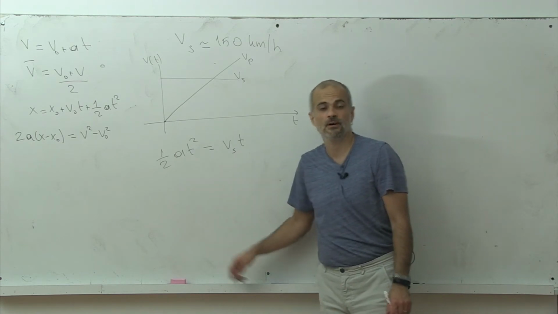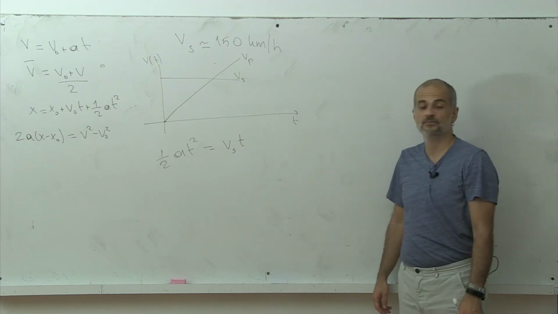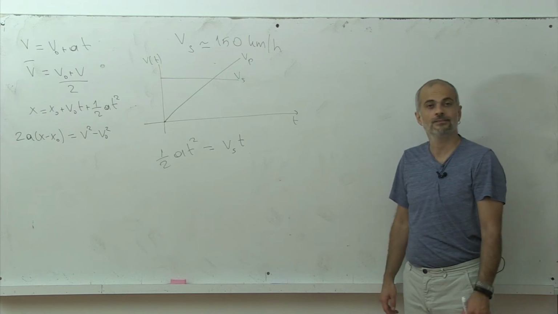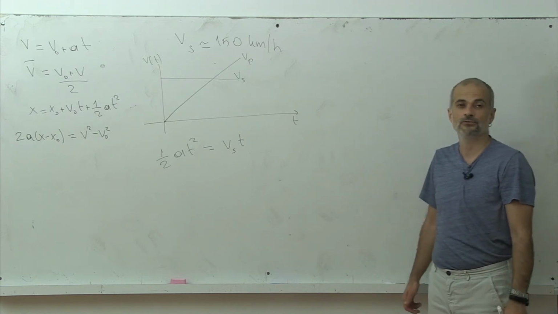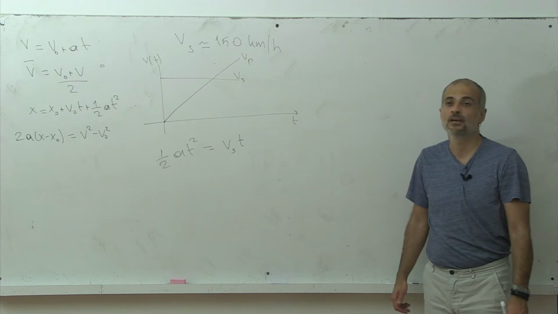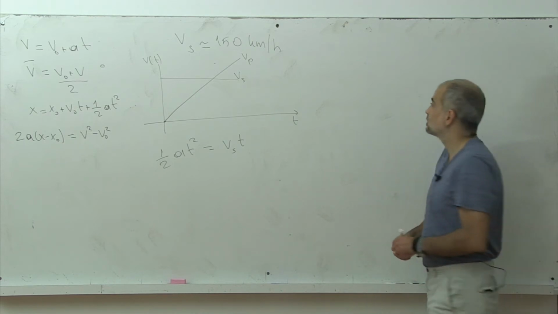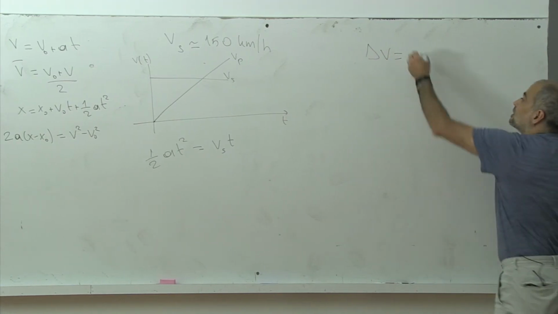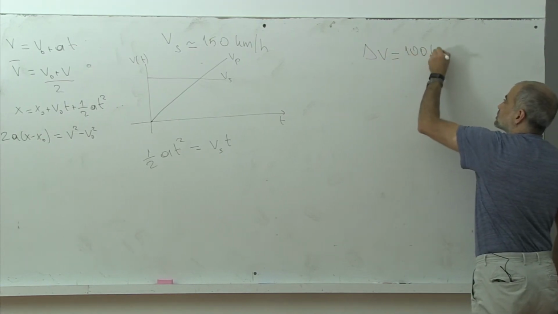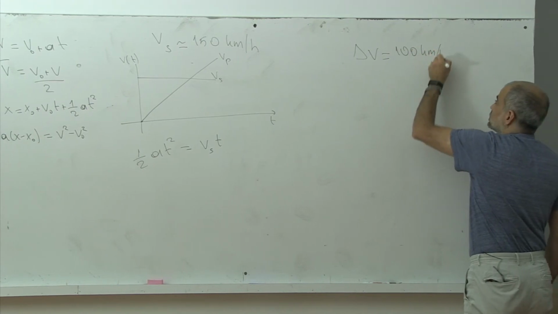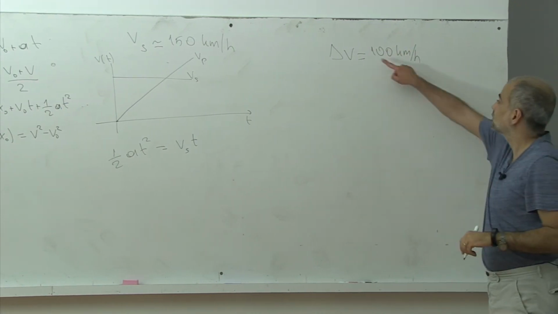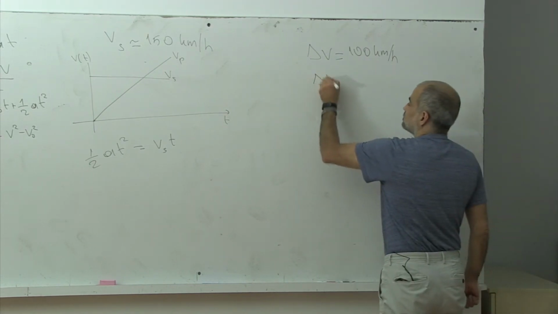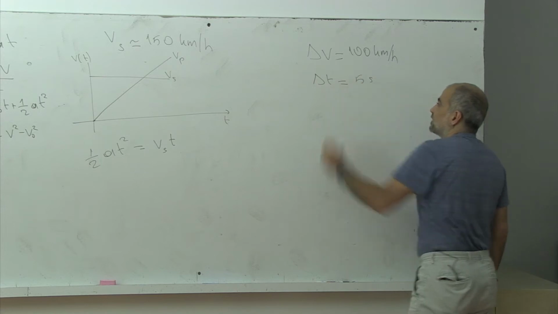To make such an estimation, if you paid attention to advertisements of cars, quite often you hear them quoting that the particular car can go from 0 to 100 kilometers per hour, let's say in 5 seconds. So the change in the velocity of the car is 100 kilometers per hour, because it started from 0 and its final velocity is 100 kilometers per hour, within a time interval of typically 5 seconds.